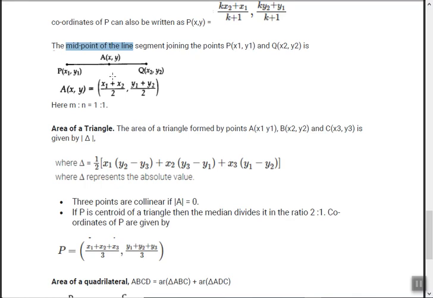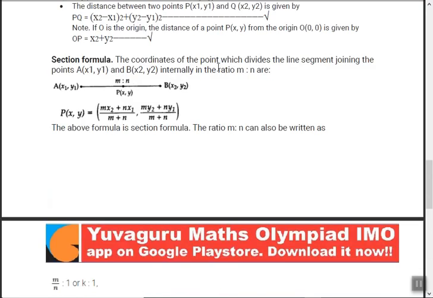So just input the values in this. You will get 1x2 plus 1x1 upon 1 plus 1, that is 2. Similarly 1y2 plus 1y1 upon 1 plus 1. This is the same formula you are using.